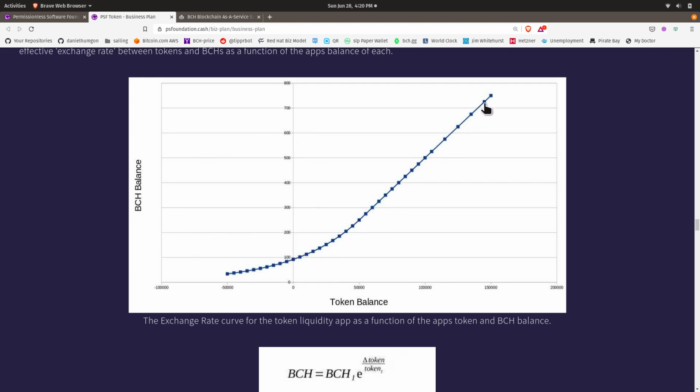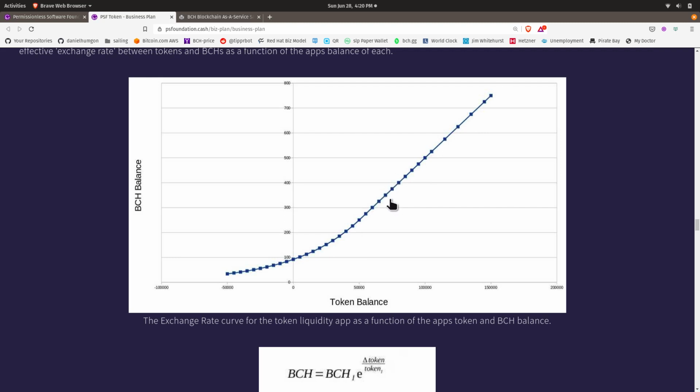And so the slope of this curve is the exchange rate. And basically, the really important thing that you need to take away from this graph is that this slope never goes to zero, and it's a nice straight line over here. And as long as it's a straight line, the exchange rate is going to be locked in at 200 tokens per BCH. And it's pegged to BCH, not the US dollar.